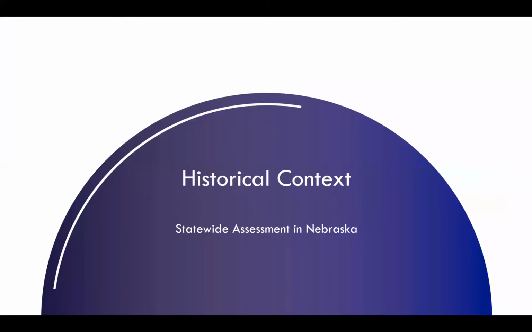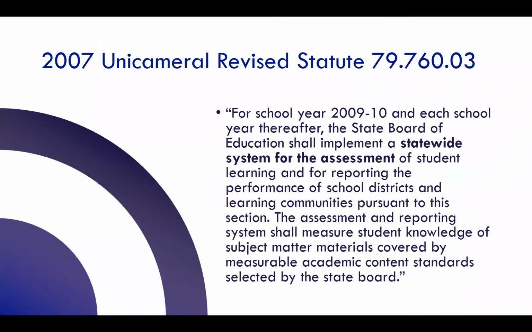So to start out, I think it's important when we're talking about the future to understand where we've been. We're not going to go back as far as the STARS era when we're setting up this historical context, but we are going to start in 2007 when the Unicameral passed the law that created statewide assessments in the state of Nebraska.